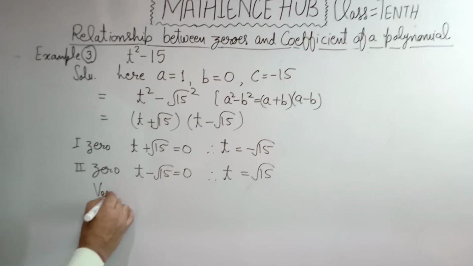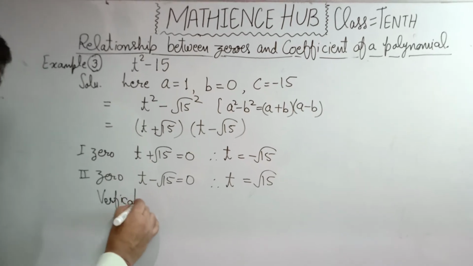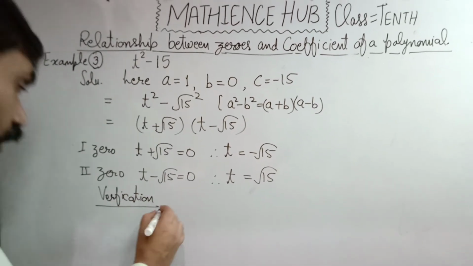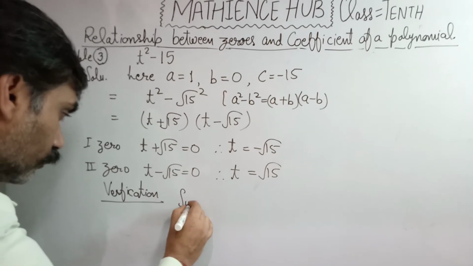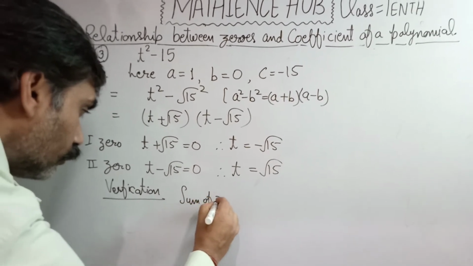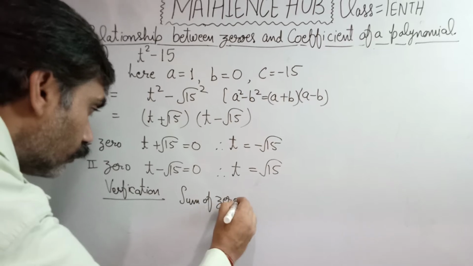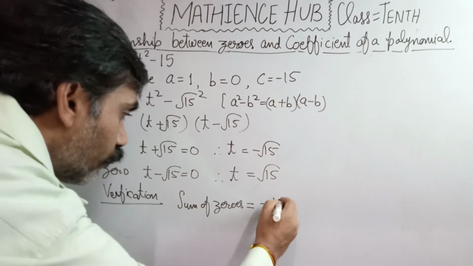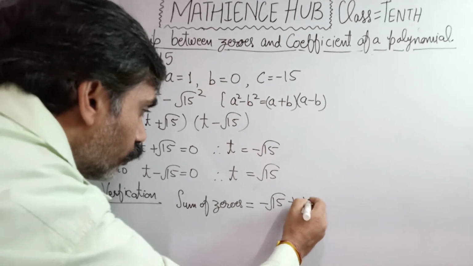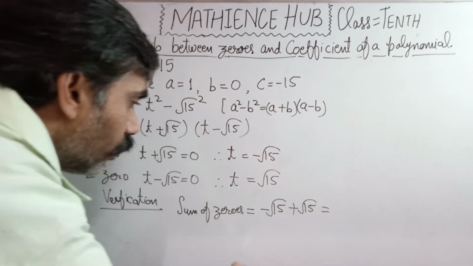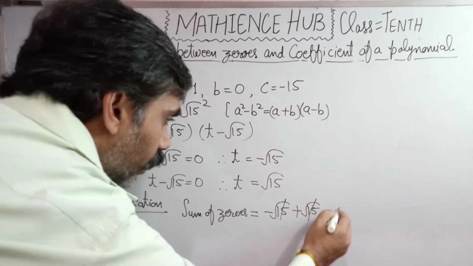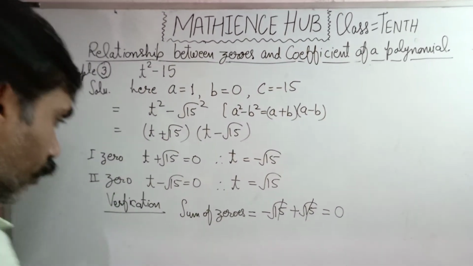Now verification. Sum of zeros equals minus root 15 plus root 15. Minus root 15 plus root 15 cancel. Then the value of the sum of zeros is 0.